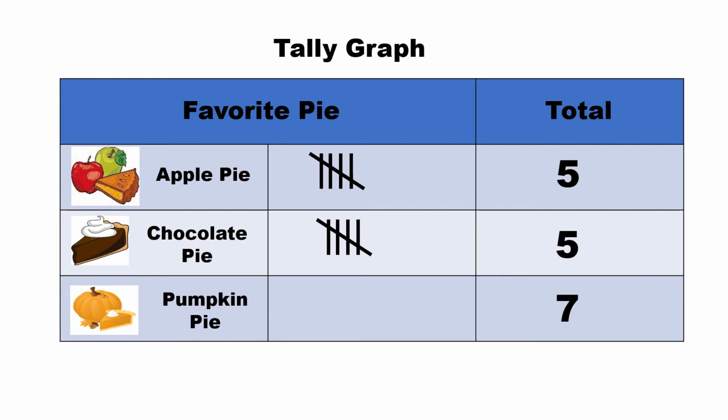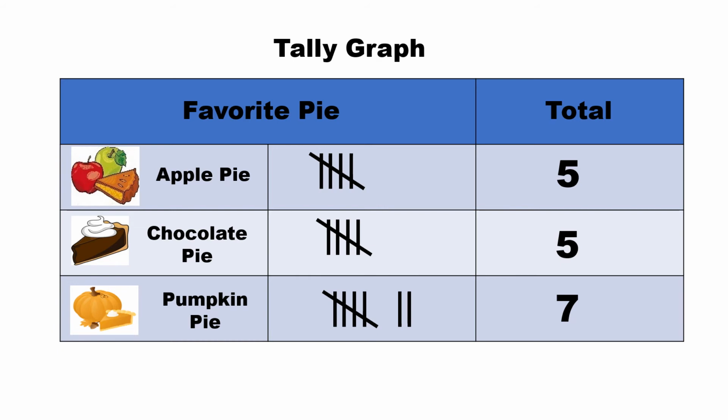And of course, we know there's 7 pumpkin pies, so we need to put 7 tally marks. 1, 2, 3, 4, 5, 6, 7. So now we've got our chart all filled in. There's our information. Easier to read than just that whole bunch of pictures all scrambled together.